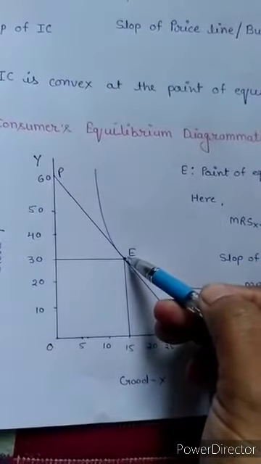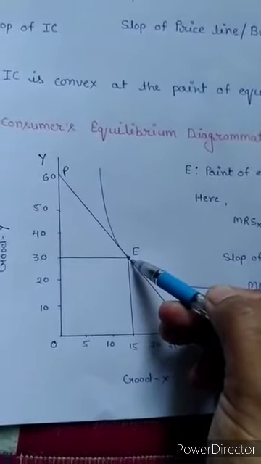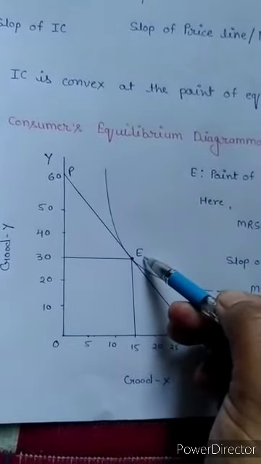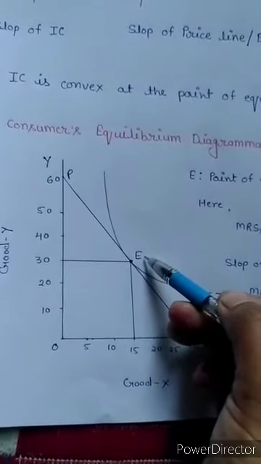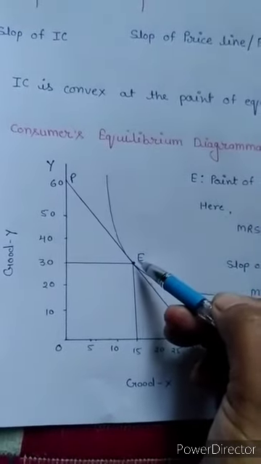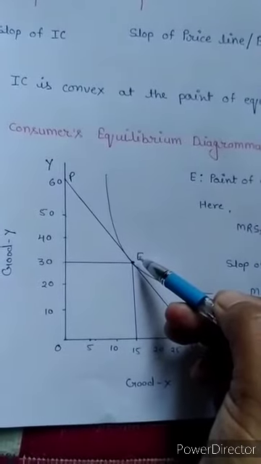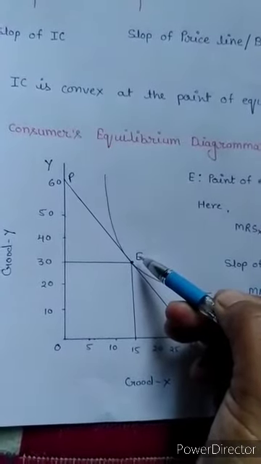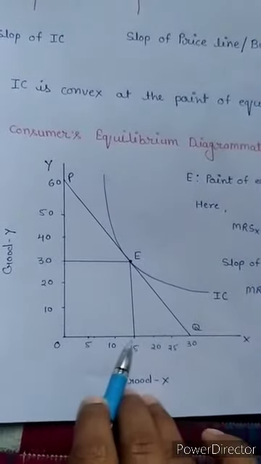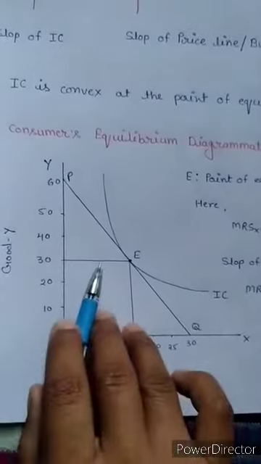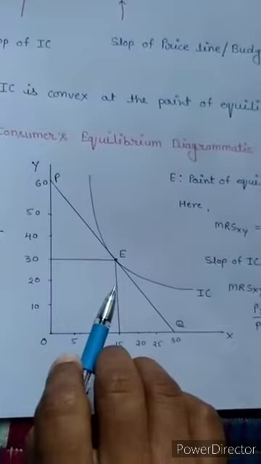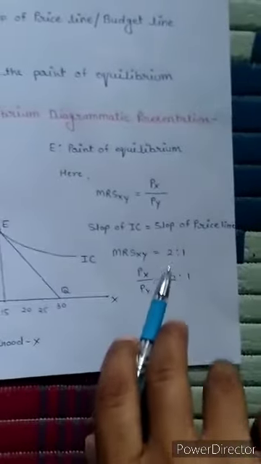At point E, it is clear that the marginal rate of substitution of X for Y is equal to Px upon Py. It means the rate at which the consumer is willing to substitute X for Y is equal to the rate of market substitution. Here, to get one extra unit of commodity X, the consumer sacrifices 2 units of commodity Y, so the marginal rate of substitution is 2:1.